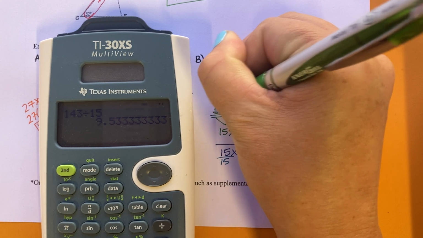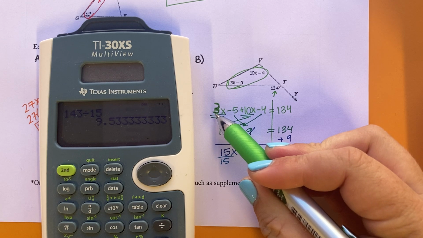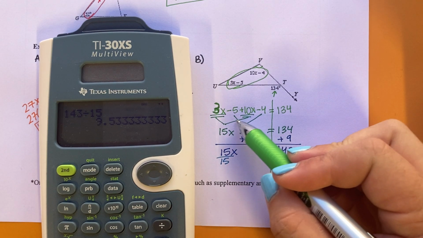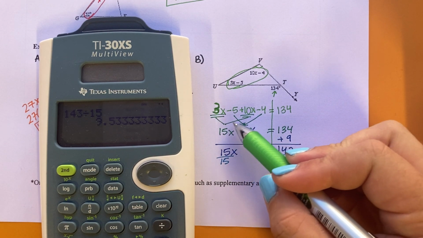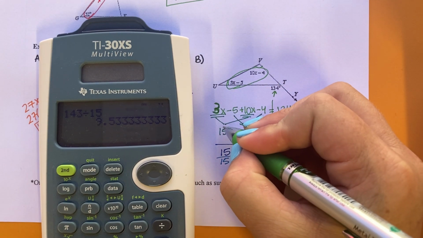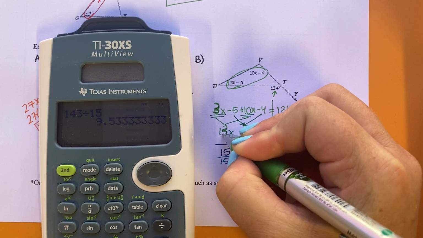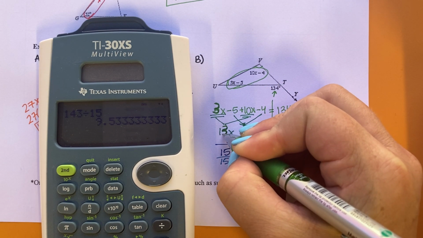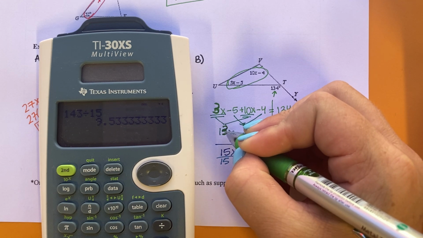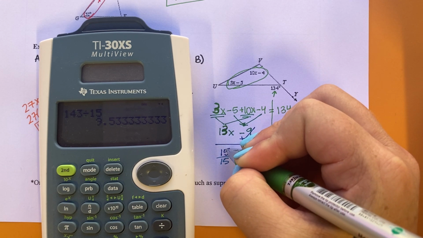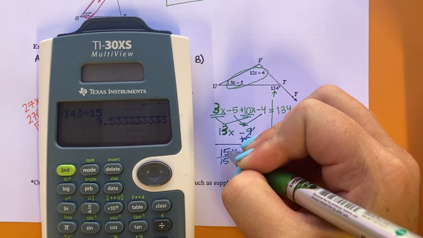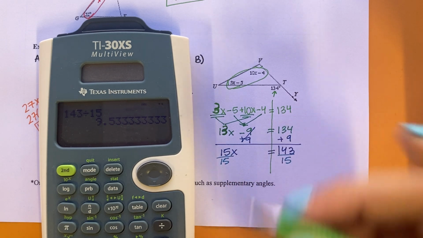That means the only thing I really messed up is that 3 and 10 does not make 15, it makes 13, which then goes to here, which means this would be a 13.